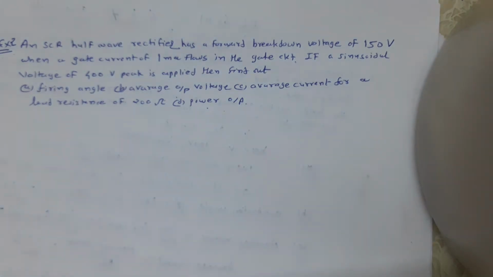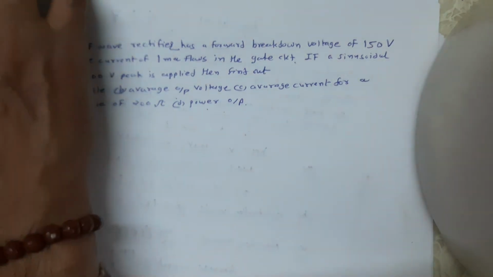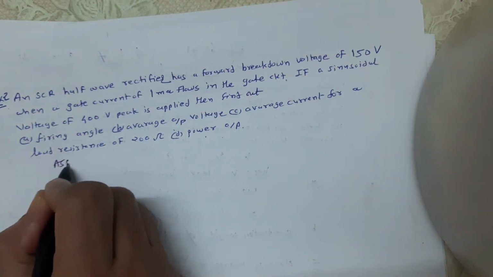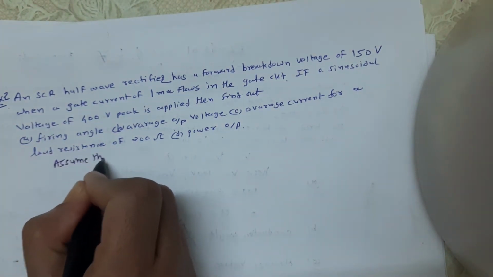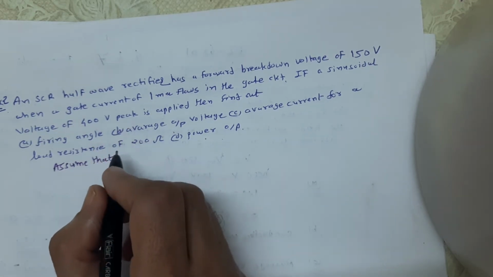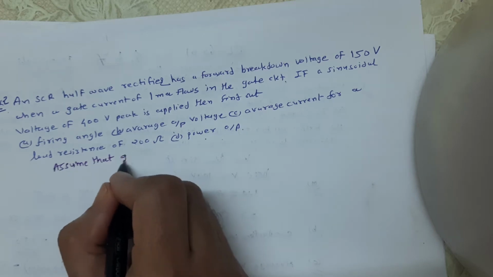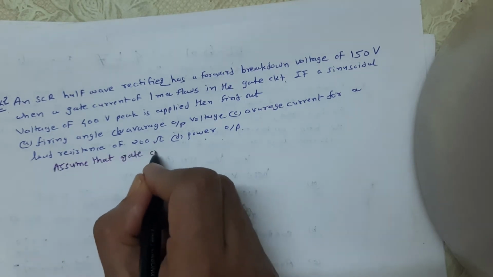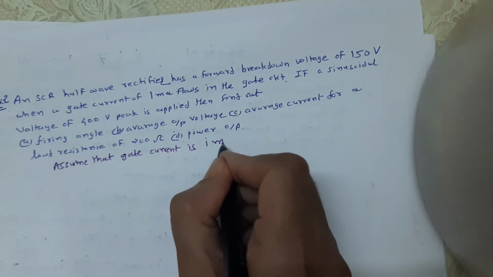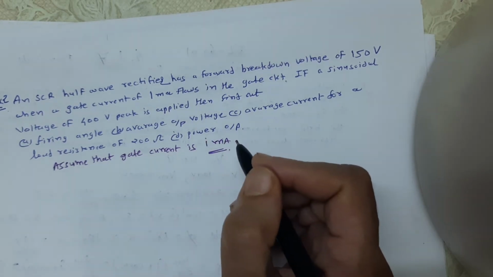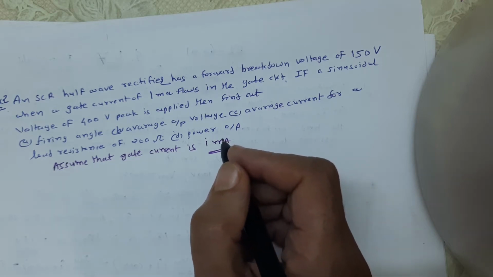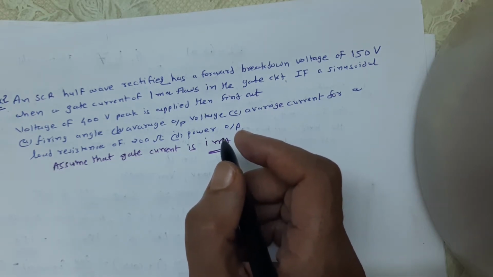So for this, assume that the gate current is 1 milliampere throughout, and the forward breakdown voltage is more than 400 volt when Ig is equal to 1 milliampere.